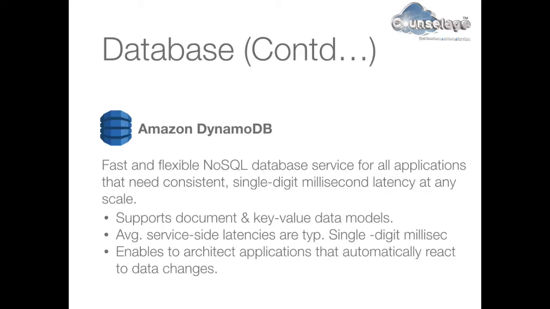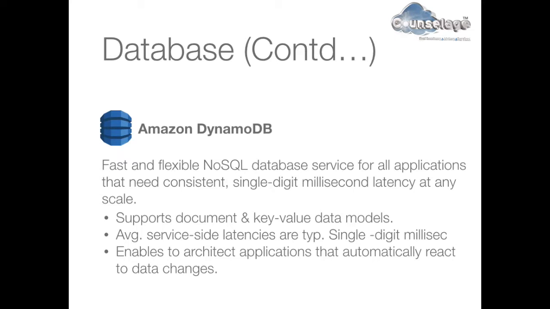The next one we see is Amazon DynamoDB. Amazon DynamoDB is a fast and flexible NoSQL database service for all applications that need consistent single-digit millisecond latency at any scale. So RDS is for relational databases and DynamoDB is for non-relational databases.